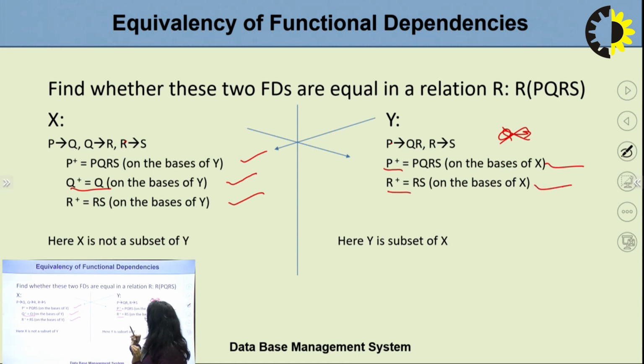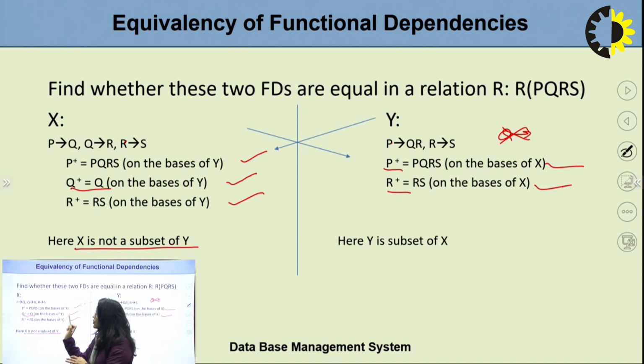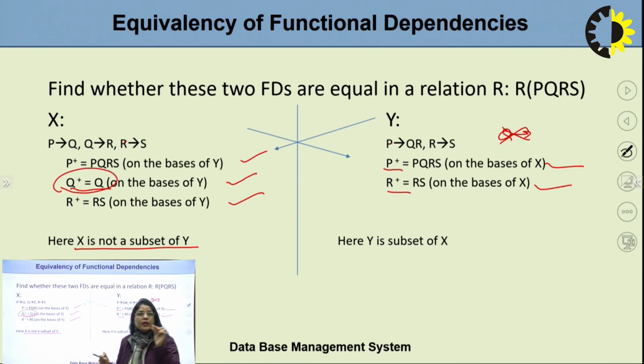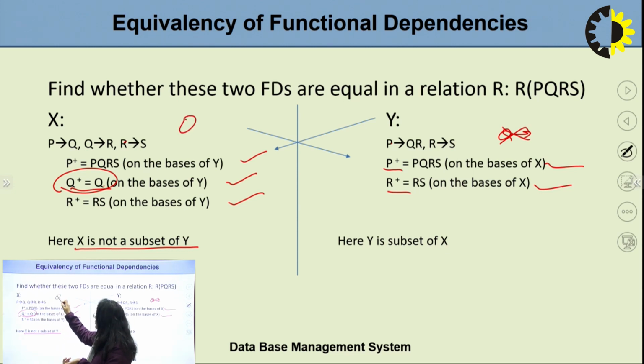So we can see here Y is a subset of X. Yes. But X is not a subset of Y, because from functional dependency set X we will be able to find a different Q plus. Here on the basis of Y we find Q plus is Q only, but on the basis of set X, what will we find? Q we already have, R we can deduce from this, right?